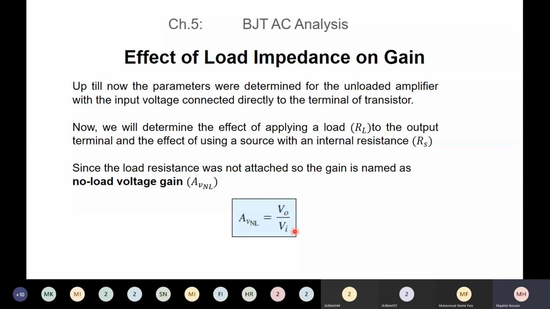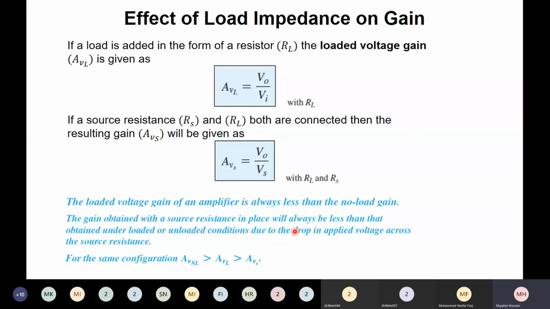Now, after connecting a load resistance at the output terminals of the amplifier, the voltage gain will be named the loaded voltage gain, and it will be the output voltage to the input voltage, and you see over here with RL. So when we connect RL, it becomes the loaded voltage gain.